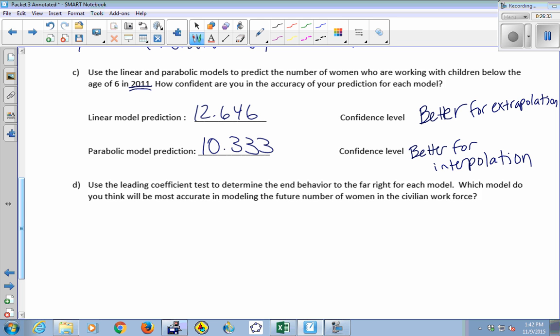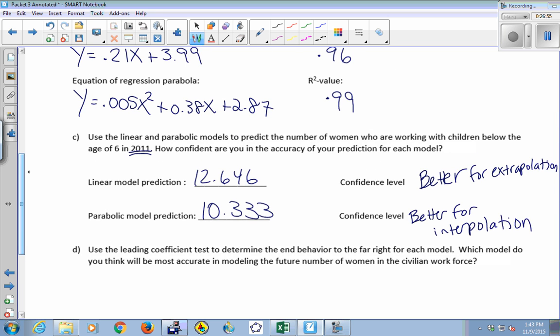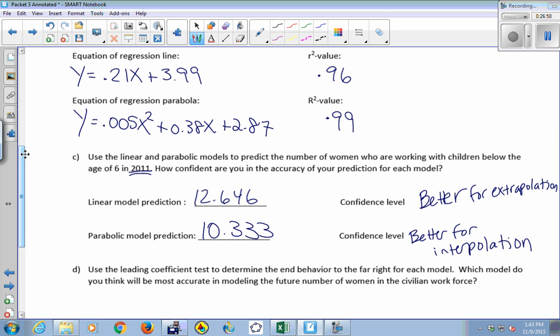So the R-squared value is not the end all and be all of which model is the best, right? It's one little piece of information. You also really need to think about the end behavior and what you think the end behavior is going to do. Okay, so we just talked about the end behavior for each of these two models. The linear model is going to go up forever to the right, but the quadratic model is going to come back around, right?